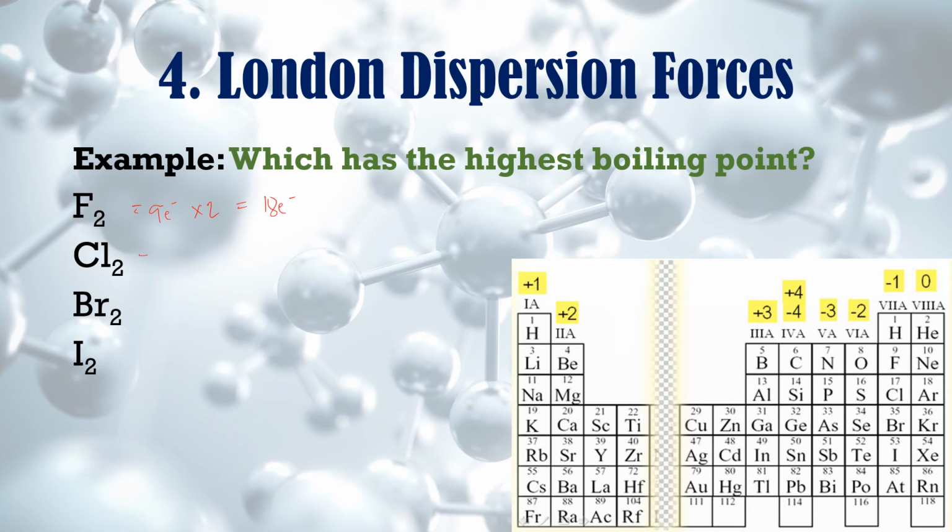For chlorine, we have, based on the periodic table, 17 times 2, so we have 34 electrons. Bromine has 35 times 2, that would be 70. And iodine is 53 times 2, that would be 106 electrons. So among these 4, I2 has the greatest number of electrons, hence it also has the highest boiling point. So I2 is the correct answer.